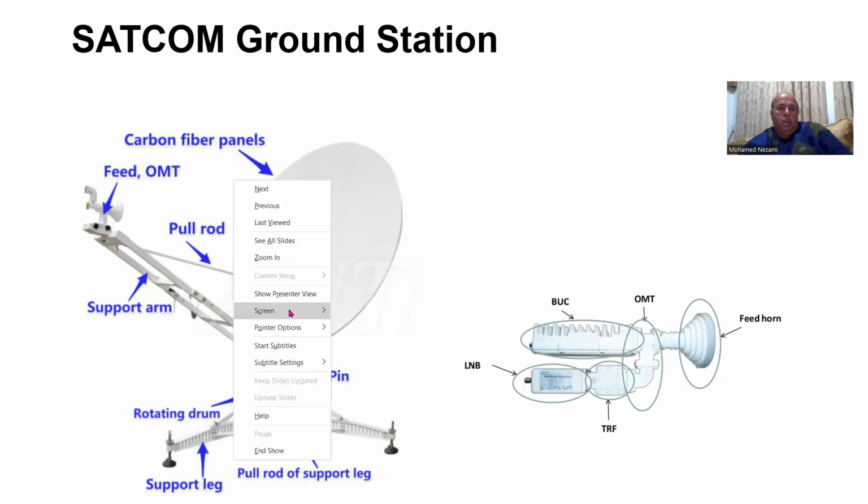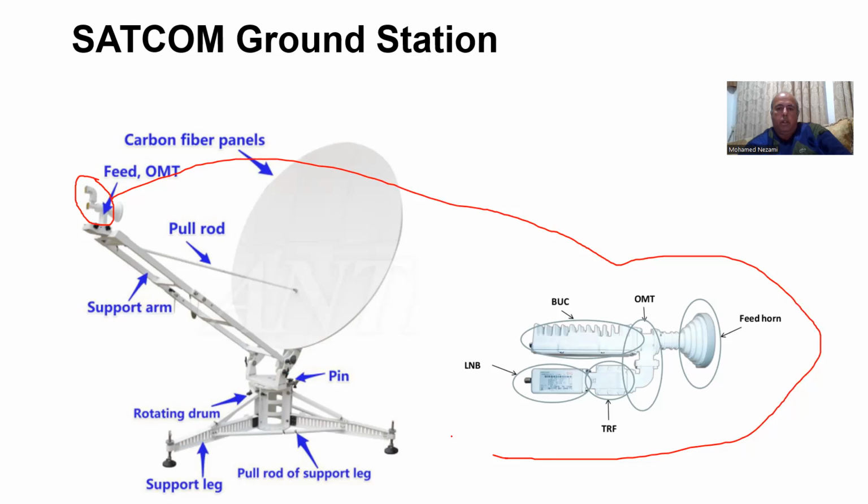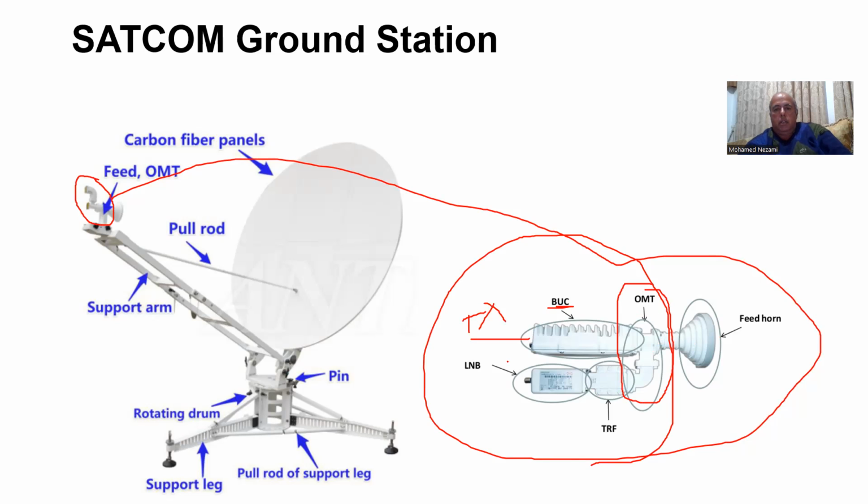So this piece here is really this piece here, not the whole thing, but just this one of them. So we've got the horn, and then we've got the OMT in here. This piece in here is the OMT, where this one here is the transmitter. So this is the TX, and this is the RX.